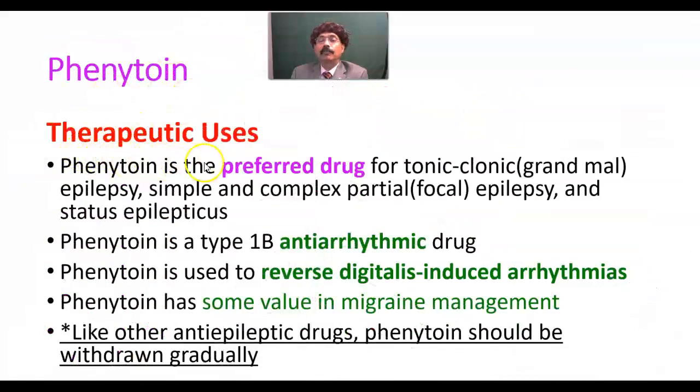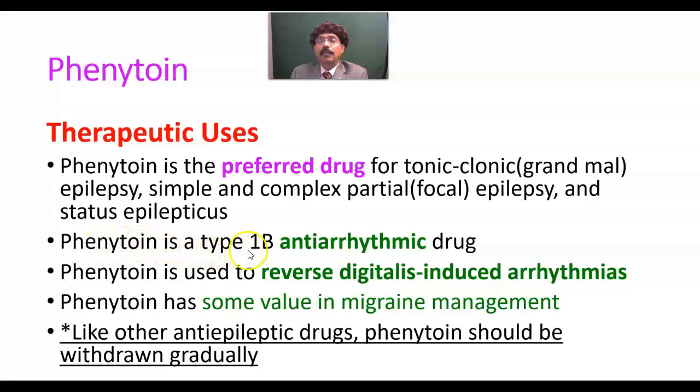Therapeutic uses: phenytoin is the preferred drug for tonic-clonic grand mal epilepsy, simple and complex partial, that is focal epilepsy, and status epilepticus. You have to remember that phenytoin is not useful for absence seizure, and its efficacy is not good there.